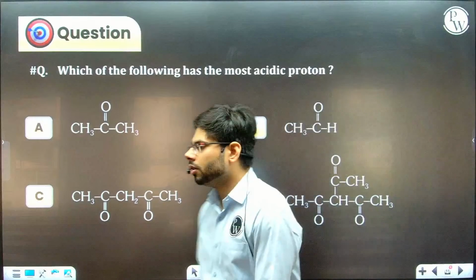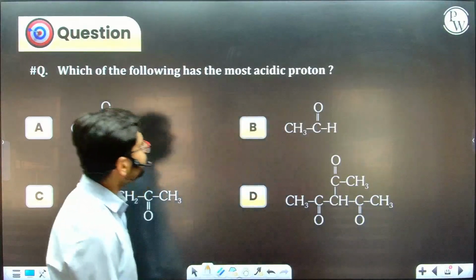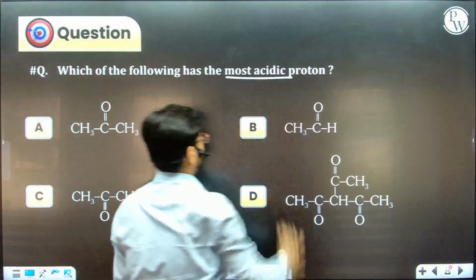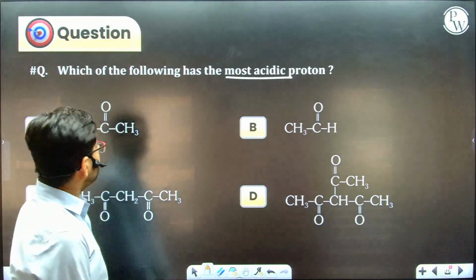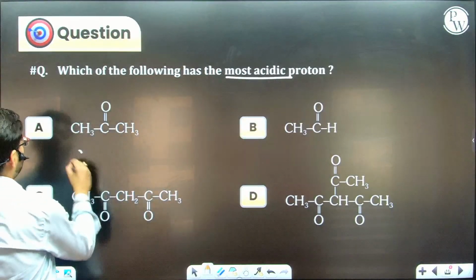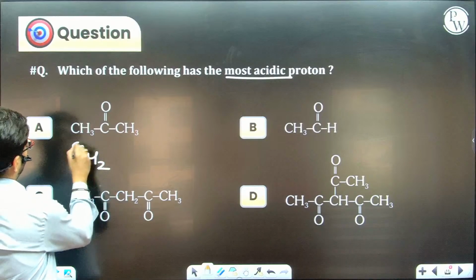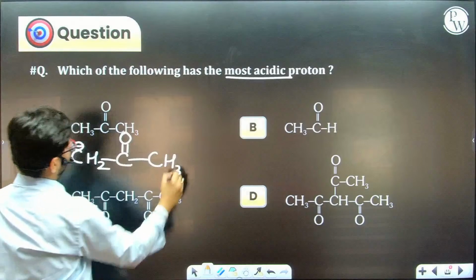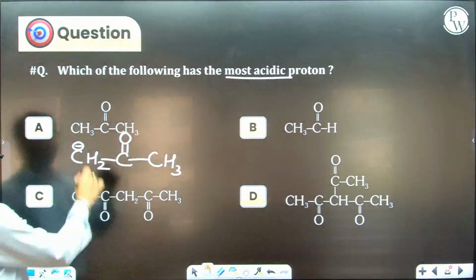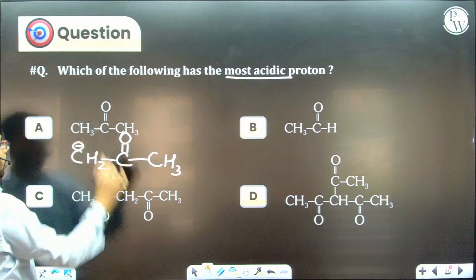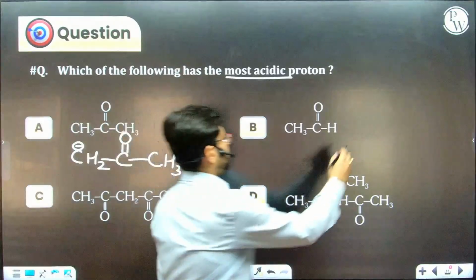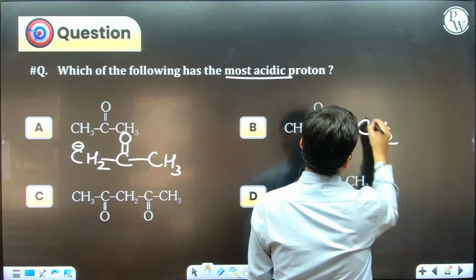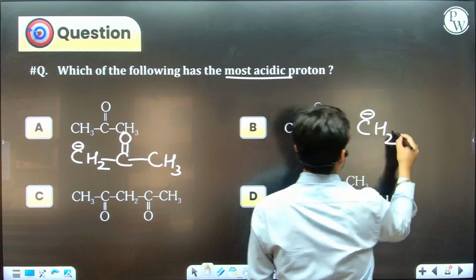Again you see a similar question, most acidic hydrogen or most acidic proton. Take out one hydrogen atom and check. So in option A I will get this species if I take out hydrogen from this carbon. In option B I will get this species if I take out hydrogen from this carbon.